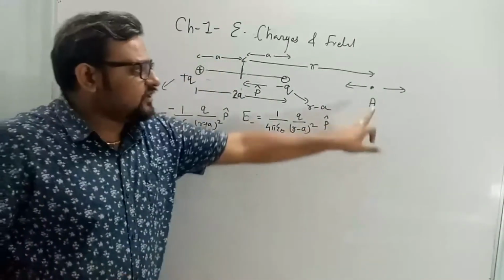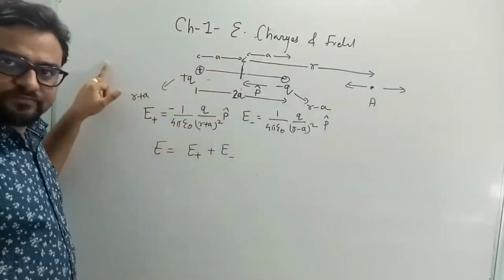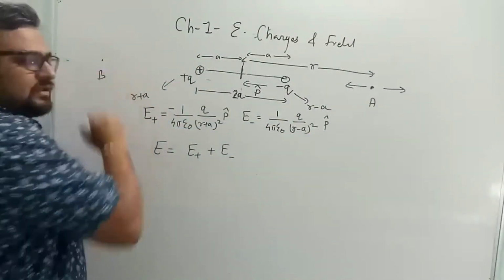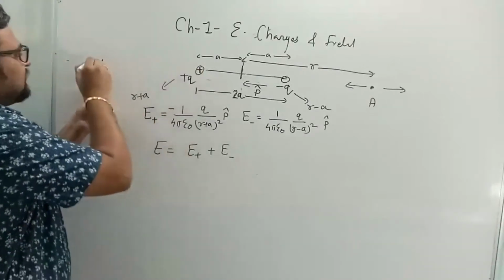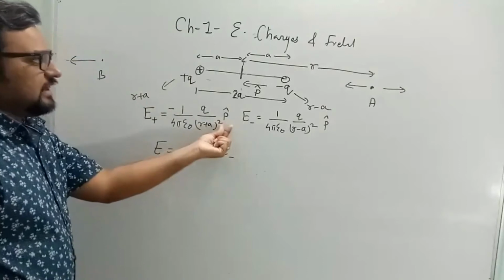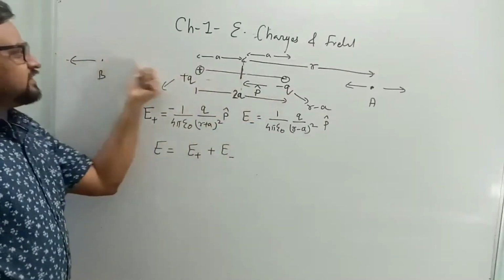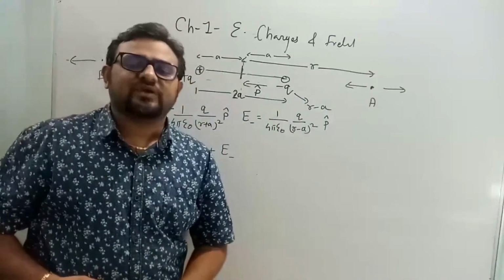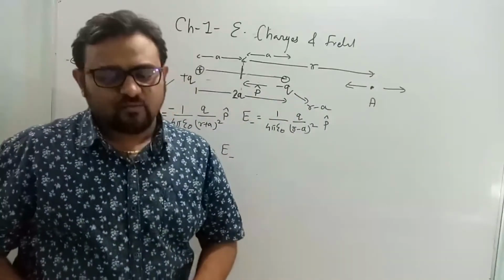Now if I have taken the point A on this side, let's say point B, then the direction of electric field will be plus p for this, and for this it will be in this direction, towards, so minus p. So it depends in which direction you have taken the point.